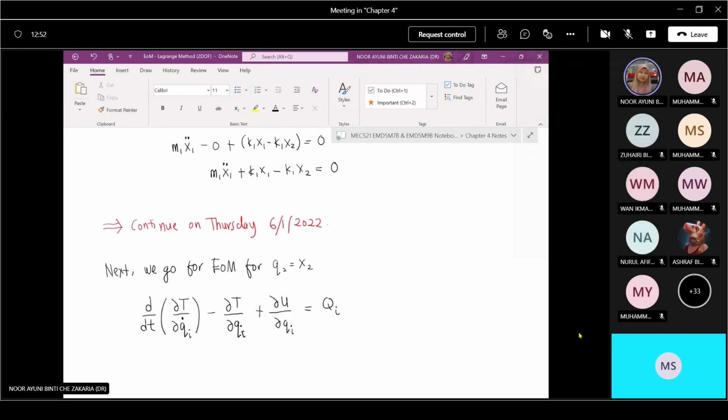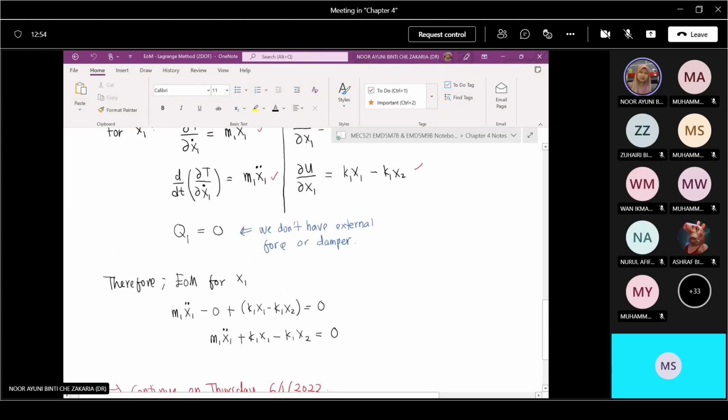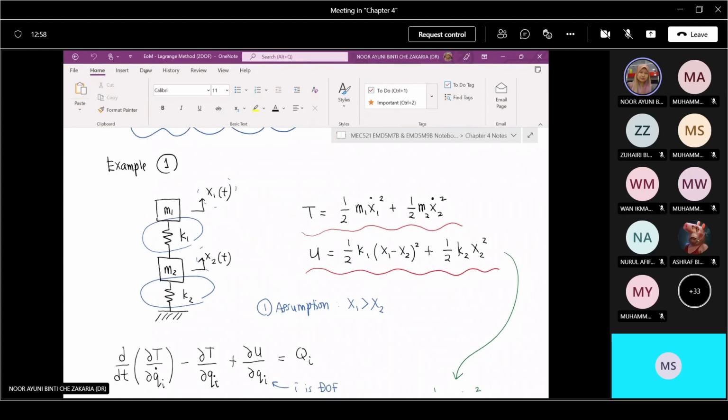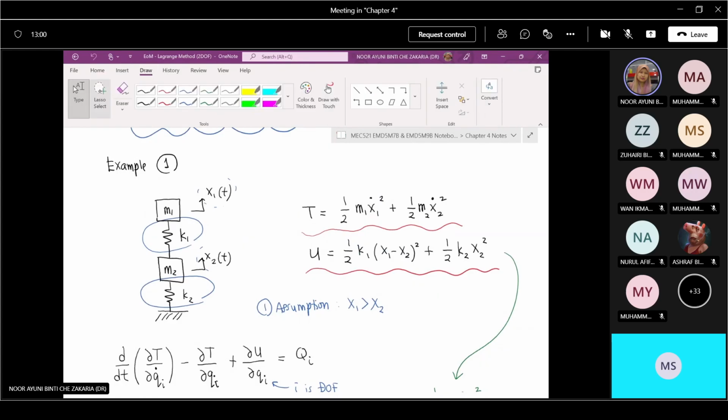Is our Lagrange equation and saya ambil balik lah, susah nak tengok kat atas ni. So I'll copy again this equation.